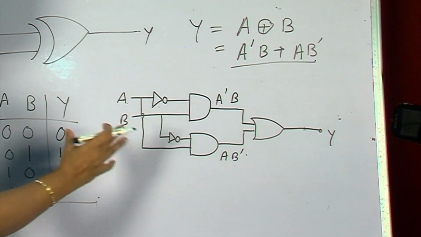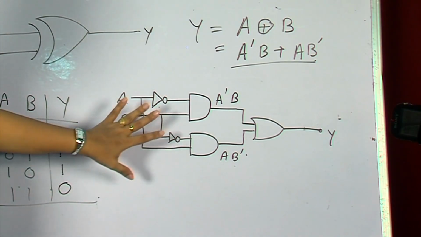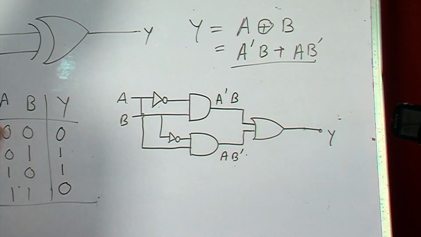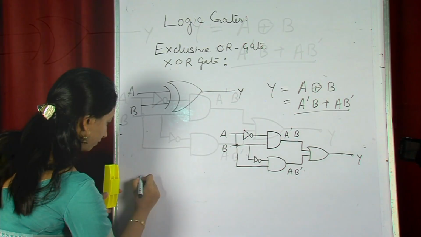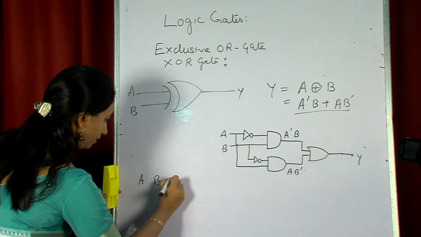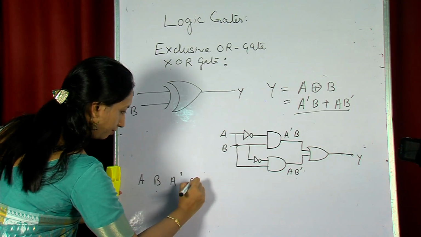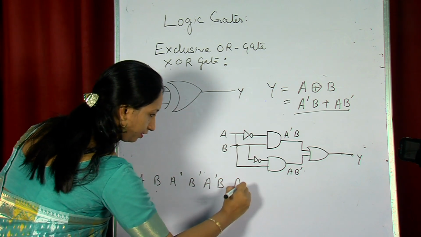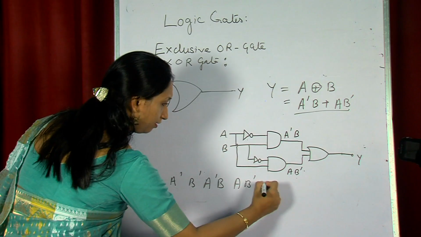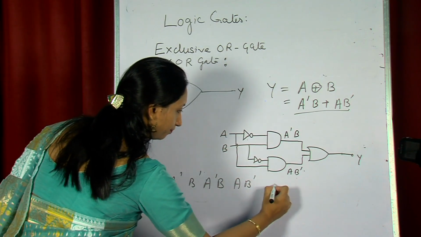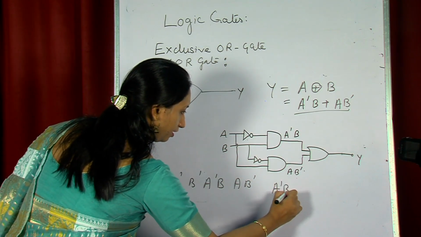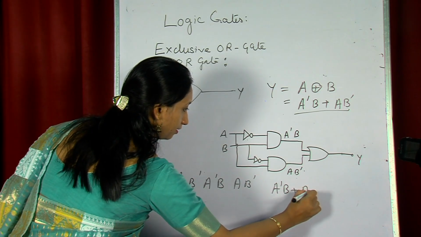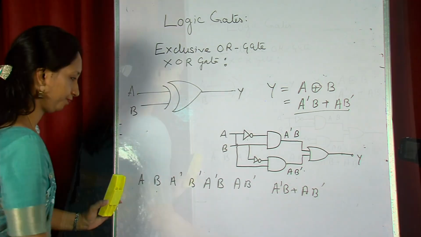Now if we represent the truth table of this circuit, let me write here A, B, A bar, B bar, A bar B, A B bar, then the sum A bar B plus A B bar.